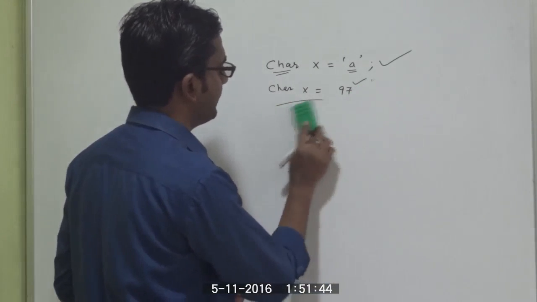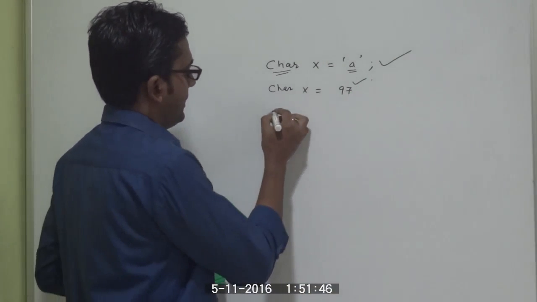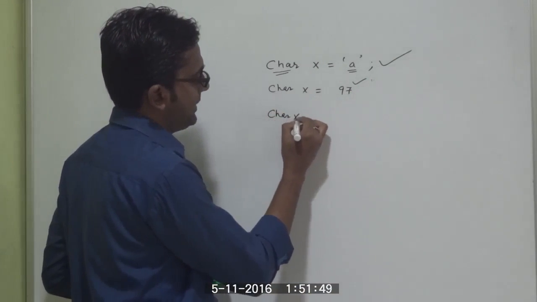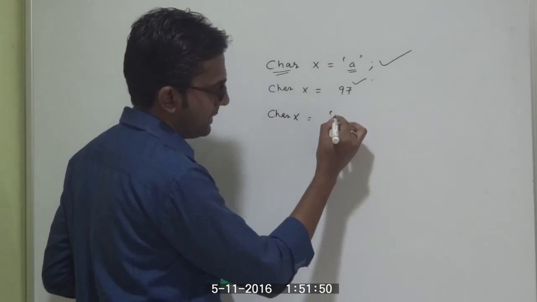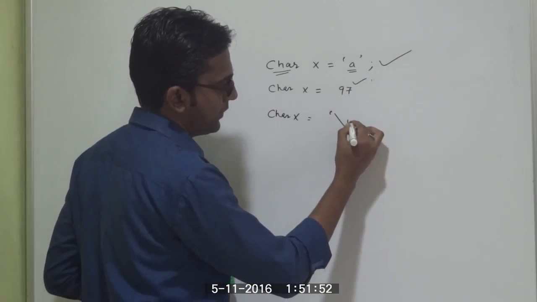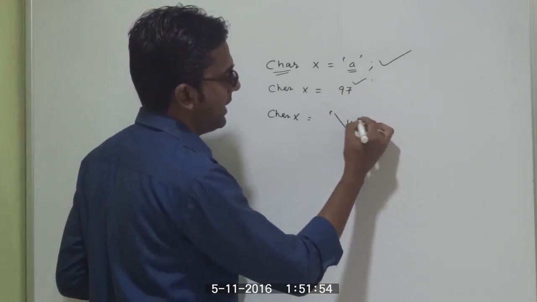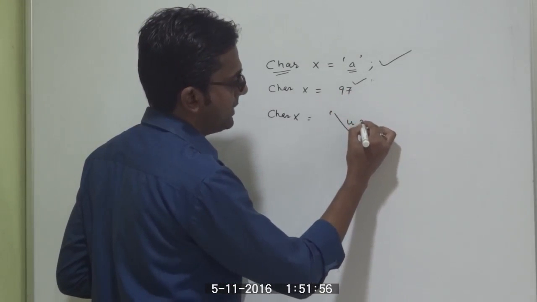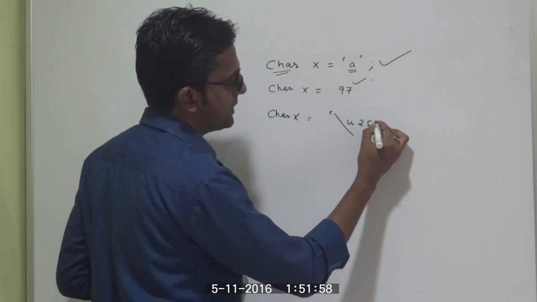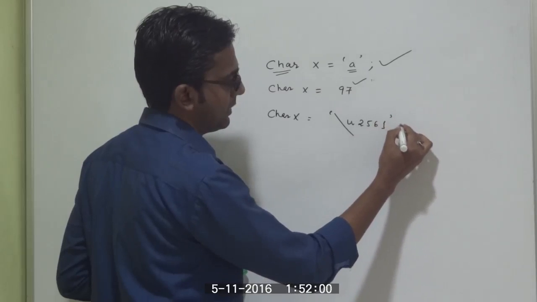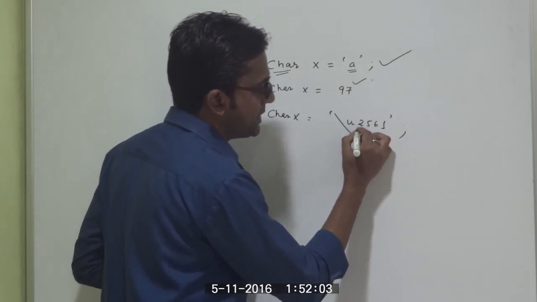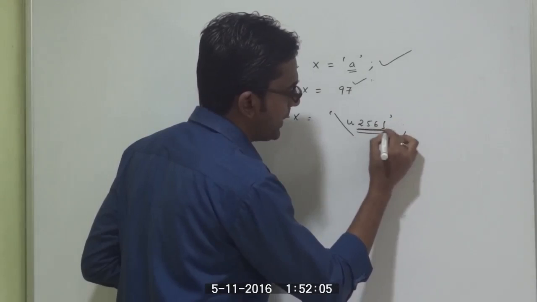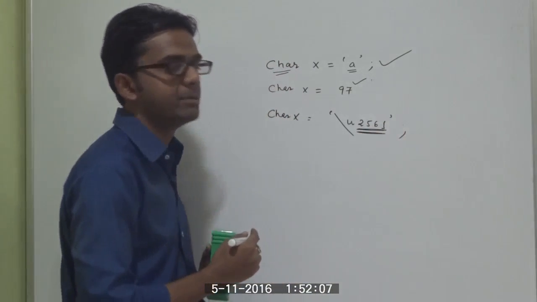There is one more way. Char x equals, inside single quotes, backslash u, which is for Unicode, and after that I can write, suppose, 2561. This number which I am writing should be a 4-digit hexadecimal number.